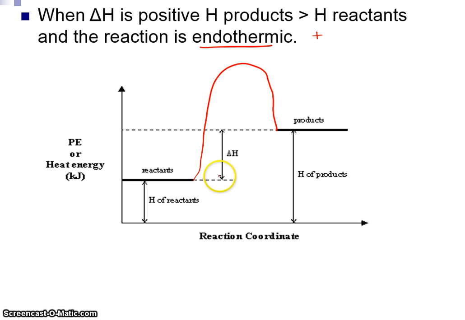We still have our activation energy that would go all the way to here. We'd still have our activated complex, but notice our reactants are lower than our products. And so when the heat of our reactants here is less than the heat of our products, this delta H ends up being what we refer to as endothermic. So 90% of this is review, but just this idea of looking at where this heat comes in.